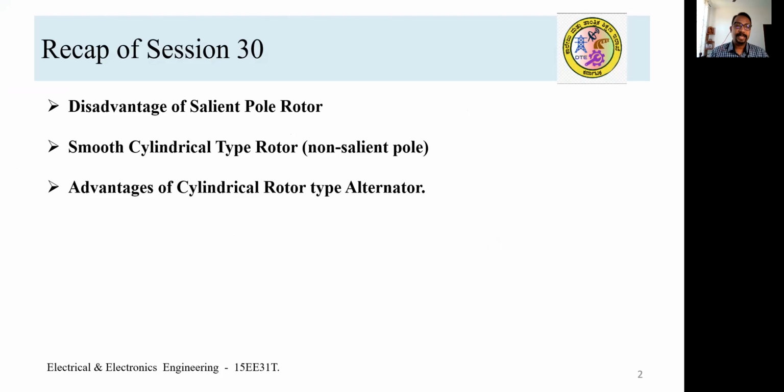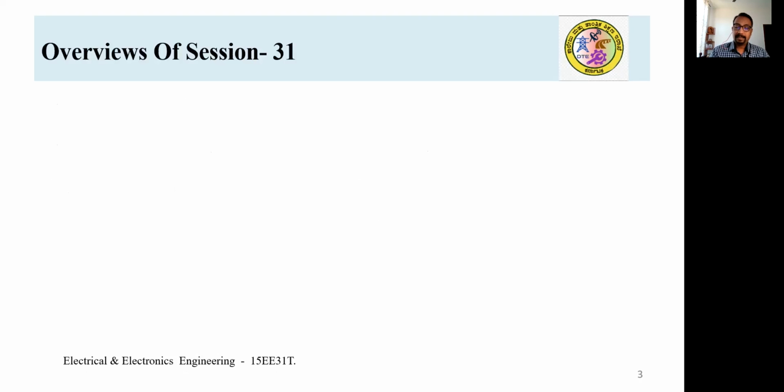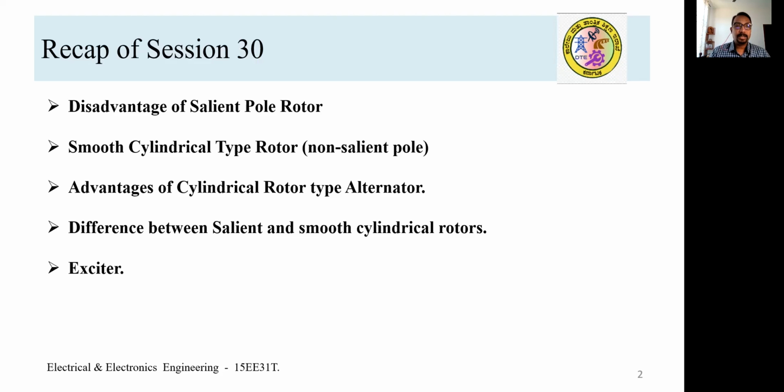Then we saw some of the important advantages of cylindrical type rotor and the difference between the salient pole and smooth cylindrical type rotors. Then we saw the exciter, the function of the exciter, and what type of exciter is used in the alternator.